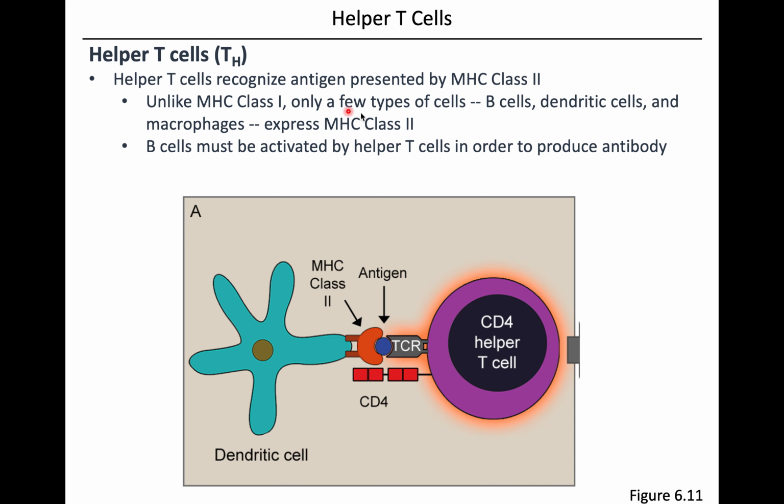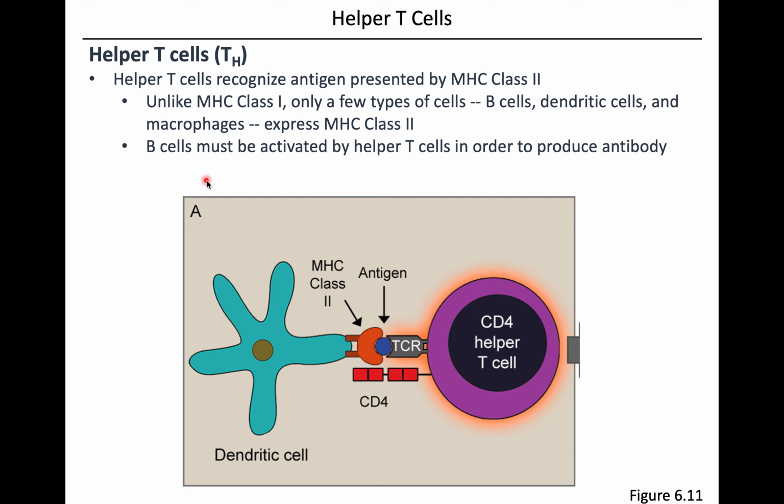So there's really only a few cell types that express MHC class 2, which remember is what's used to activate the helper T cells. MHC class 1, as we just discussed, should be found basically everywhere. So you're really only going to find MHC class 2 on B cells, dendritic cells, and that's really about it. Some macrophages as well.